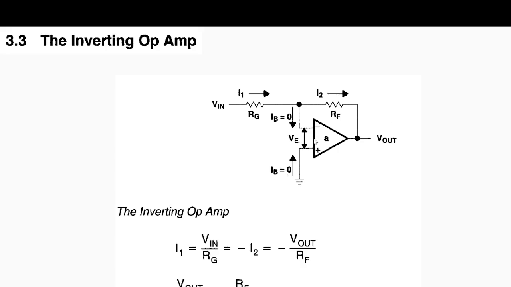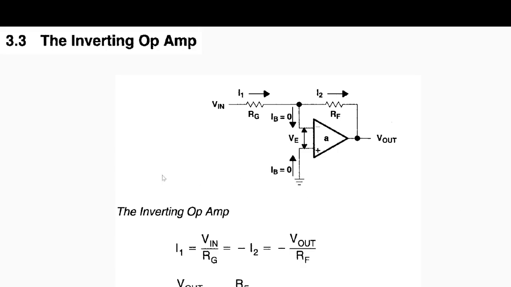With this clarity of how the picture has been drawn, it is very easy to find that I1 is equal to V in over RG, which is equal to minus I2, which is minus V out over RF. To find the gain, V out over V in is equal to minus RF over RG.